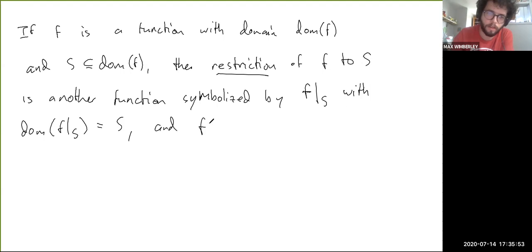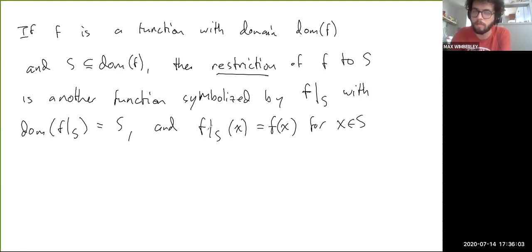So f restricted to S of x equals f of x for x in S. The values agree with the original values of the function f, but f restricted to S is just not defined for any of the points in the domain of f that weren't in S to begin with.